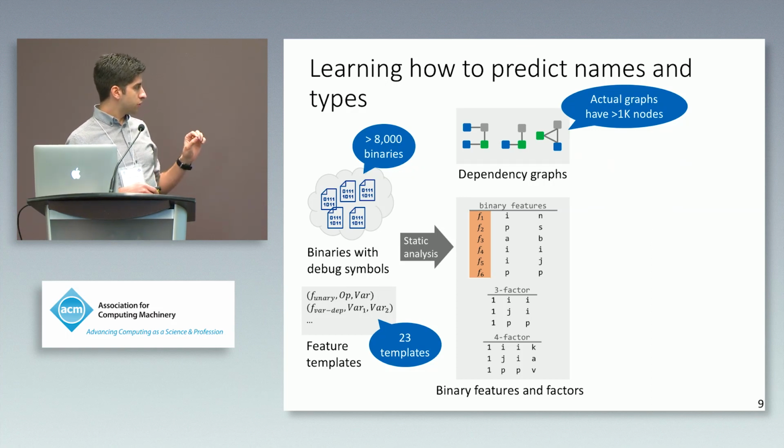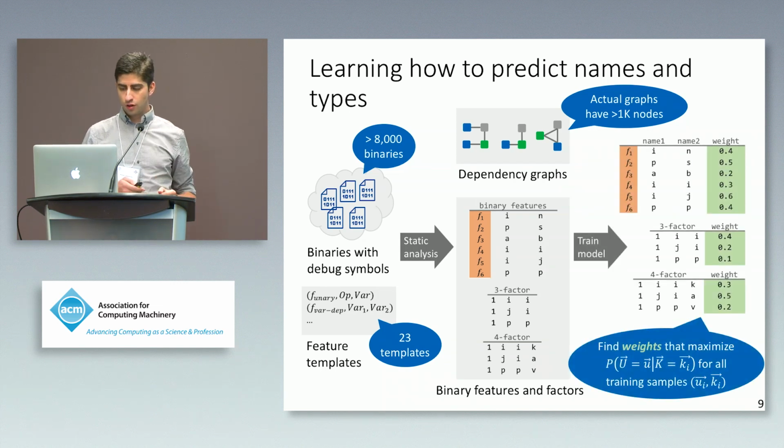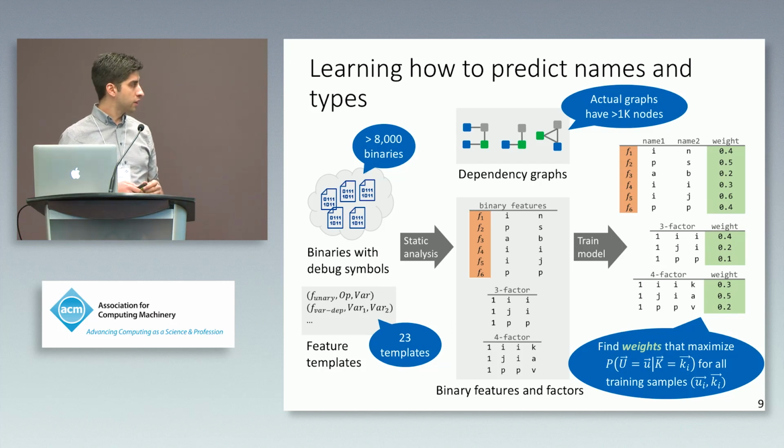At this point, we have extracted all the feature functions, but we still haven't assigned concrete weights to them. This is done by training a model, where the point is to find weights for each of the feature functions and the different factors that would maximize that the training samples are predicted correctly.